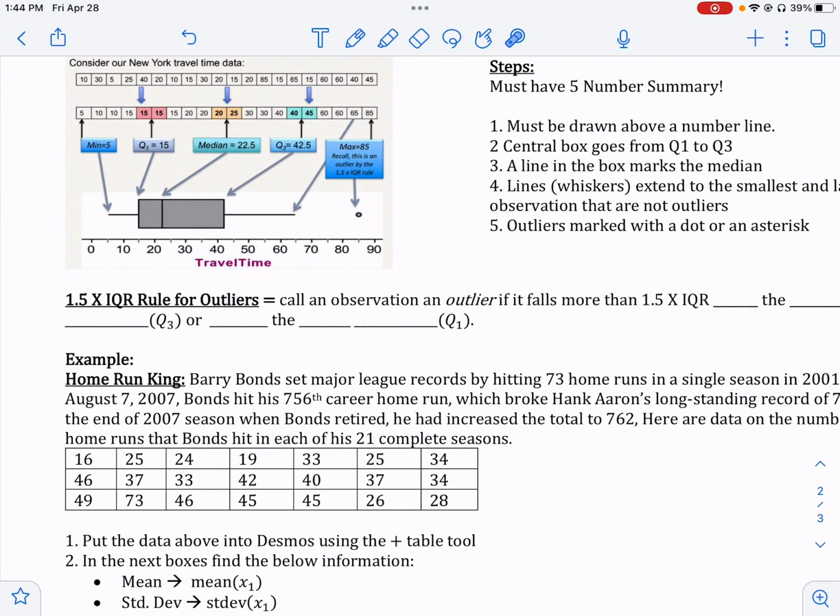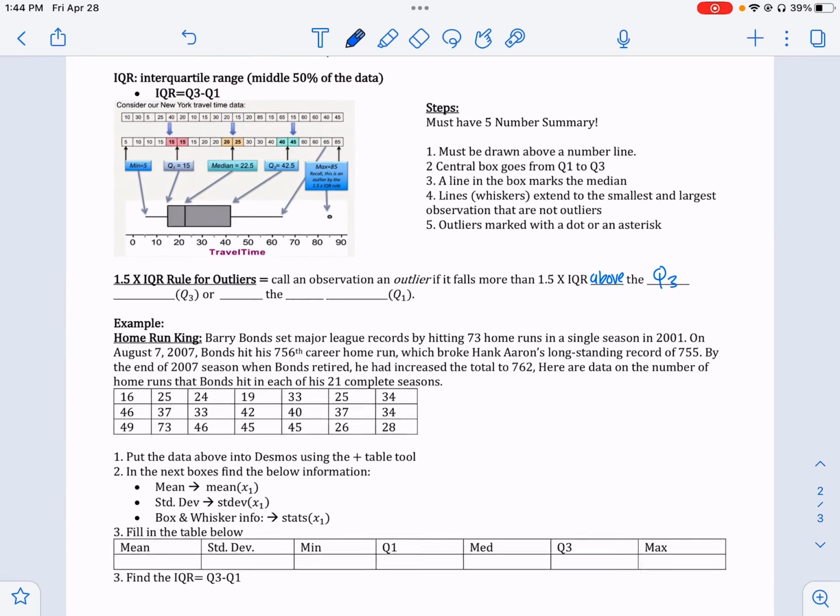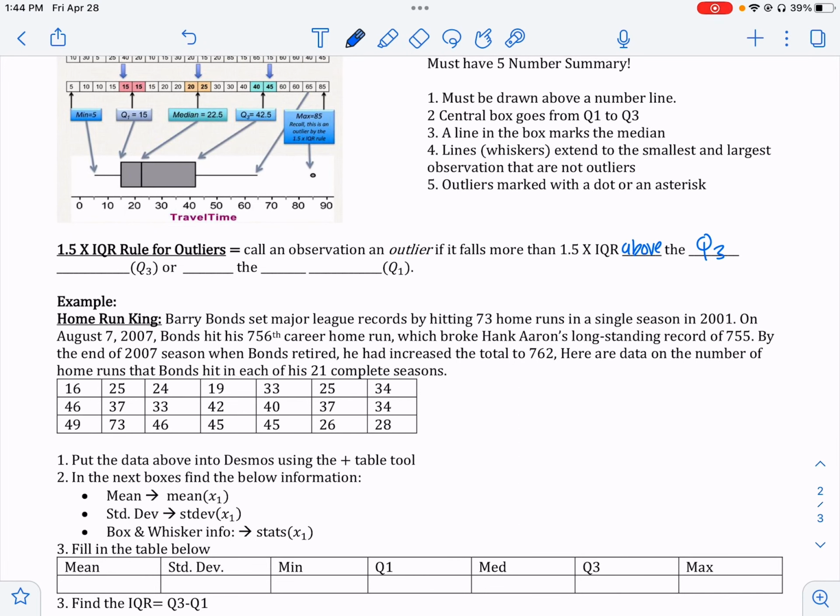So one of our data points is an outlier if and only if it falls more than 1.5 IQR above Q3. I have that written in the small words. I guess I could write out third quartile there. Or below Q1, which is our first quartile.